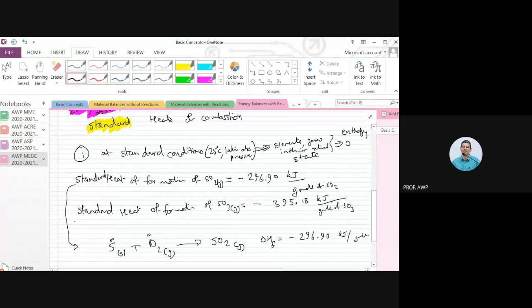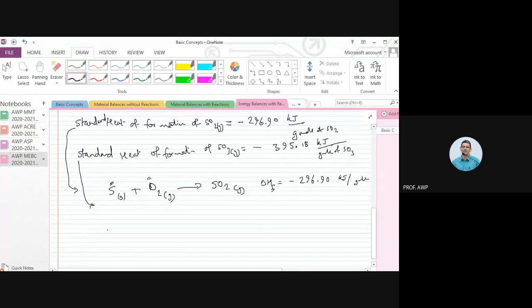And if I say standard heat of formation of SO3, what I mean is sulfur in the solid state plus 3/2 oxygen in the gas state giving me SO3 gas. This reaction has a heat of reaction of minus 395.18 kilojoules per gram mole of SO3.